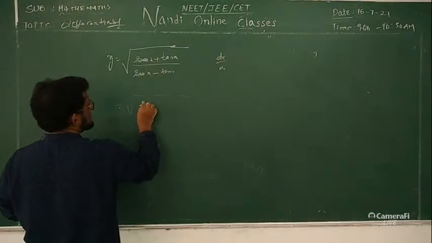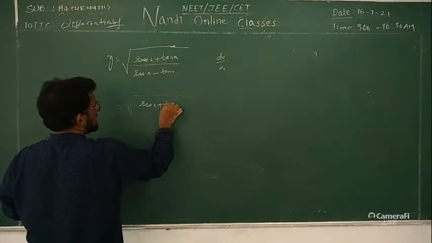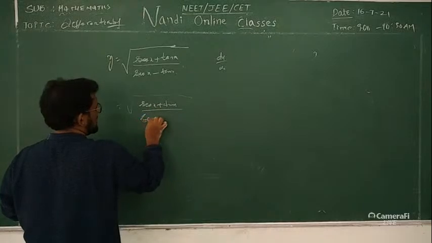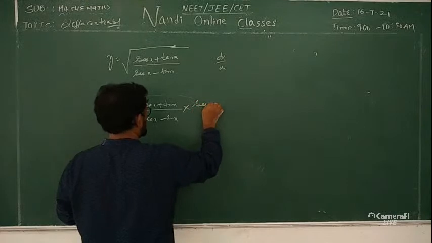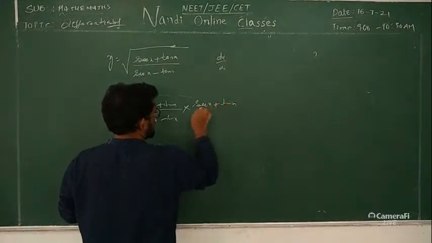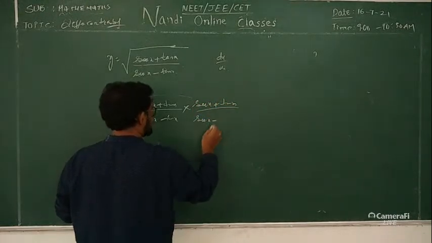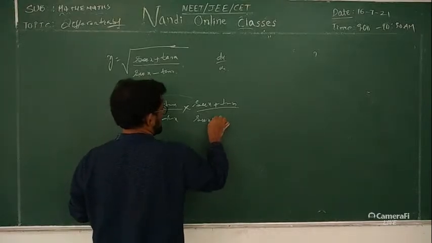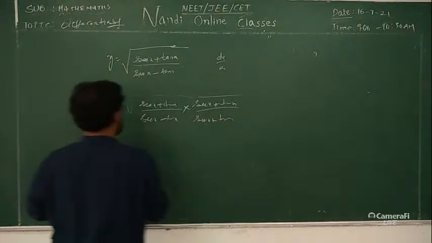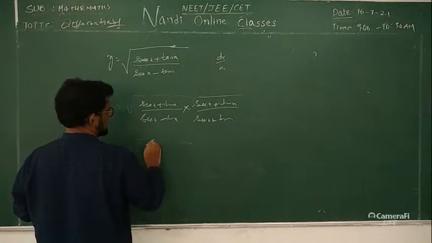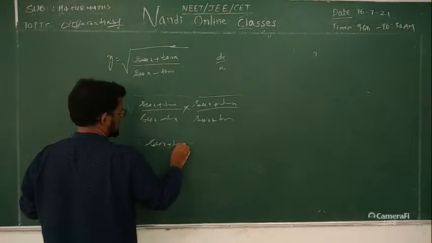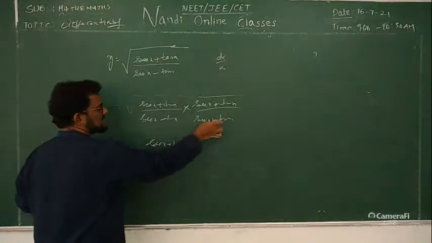It can be written as (secant x plus tan x) by (secant x minus tan x). Rationalize it, so it can be written as just secant plus tan x, because it is a plus b, a minus b.